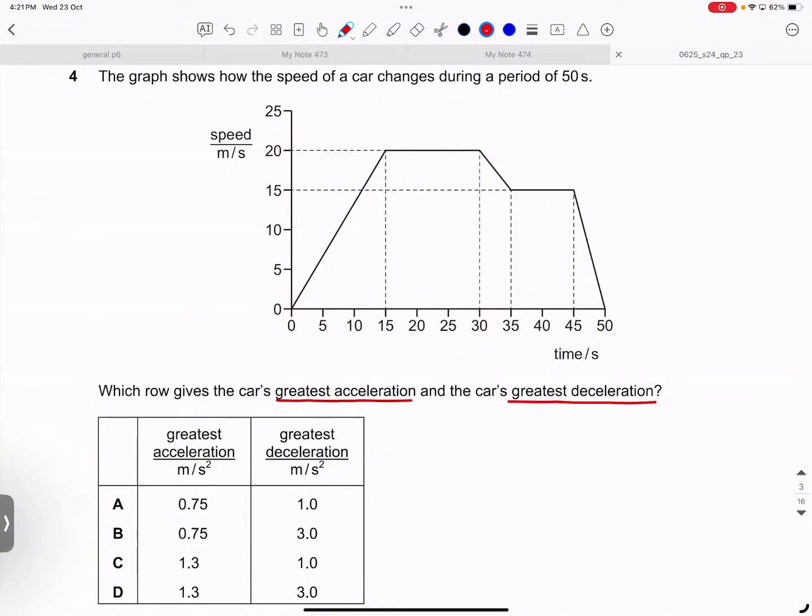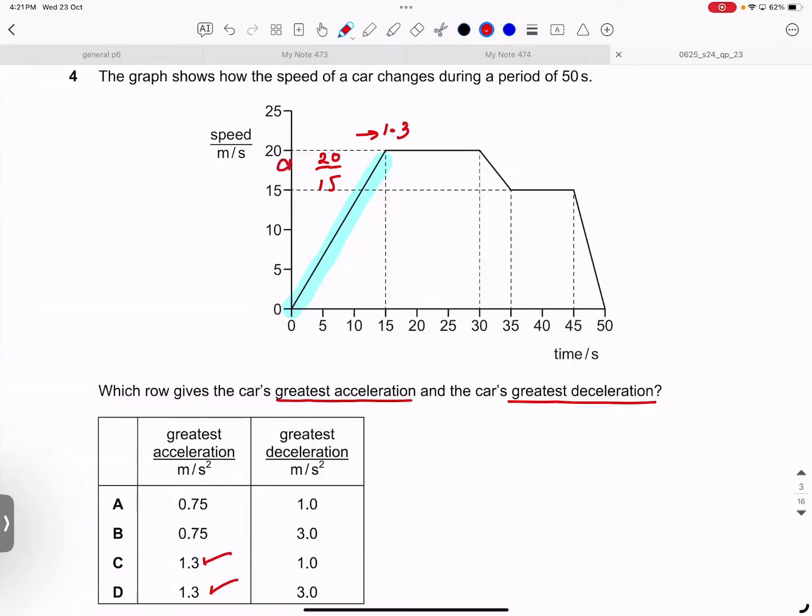There is no other way. The acceleration is only in section 1. The question needs the magnitude, meaning values. So acceleration will be this gradient, which is 20 divided by 15, approximately 1.3.